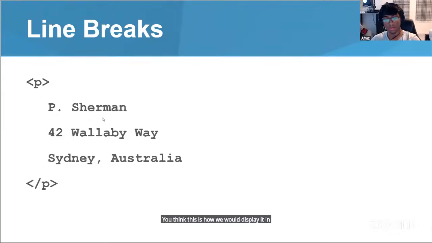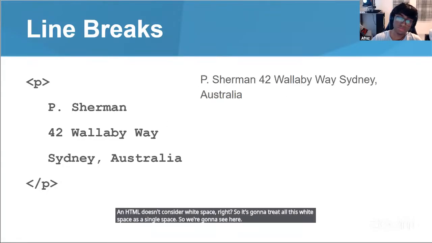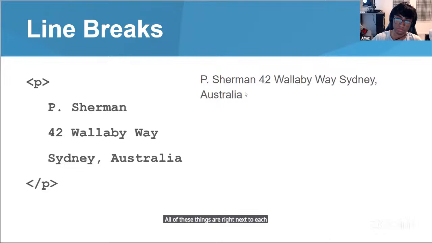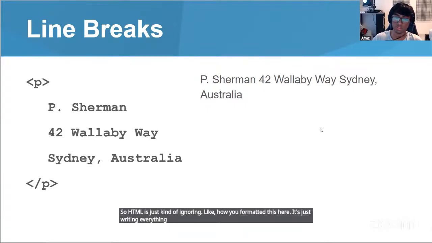That's wrong. HTML is actually going to put all of these next to each other. The reason is that these are all in the same paragraph tag, and HTML doesn't consider white space. It's going to treat all this white space as a single space. So we're going to see here that all of these things are right next to each other. HTML is just ignoring how you formatted this here and writing everything right next to each other.